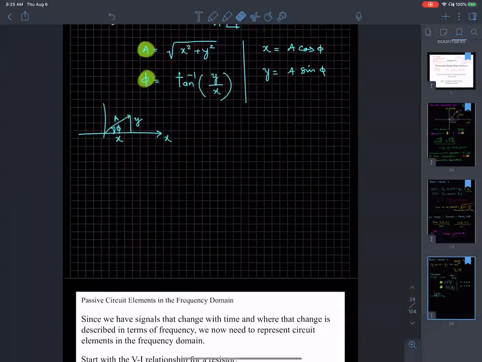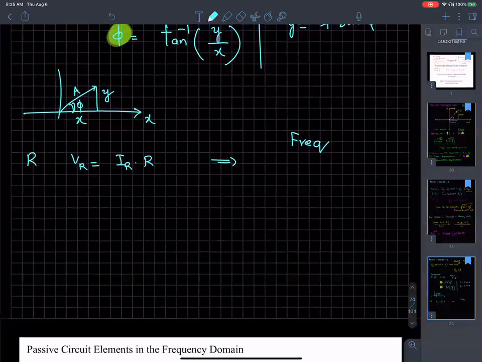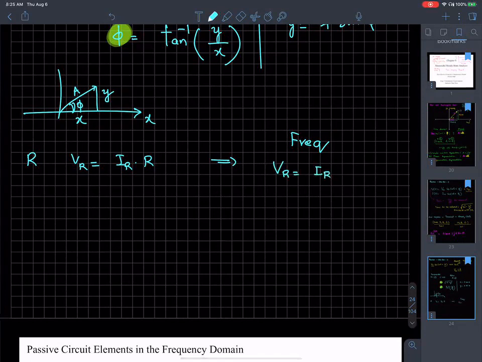A resistor in time domain is governed by the equation V equals I times R. In the frequency domain, the equation for a resistance is still the same. Voltage across a resistance is IR times R. Okay, so nothing really changed.